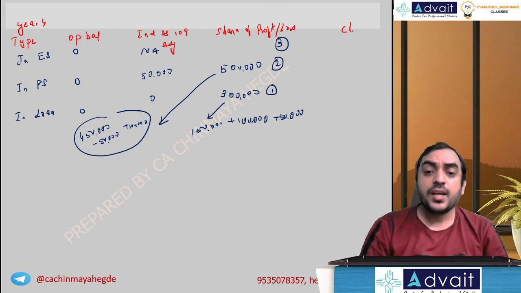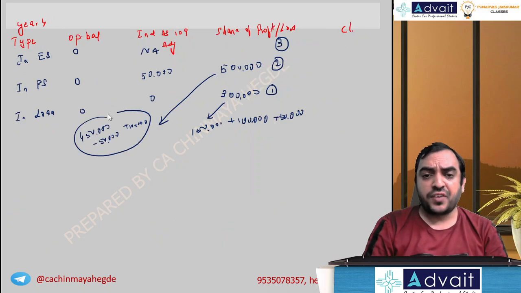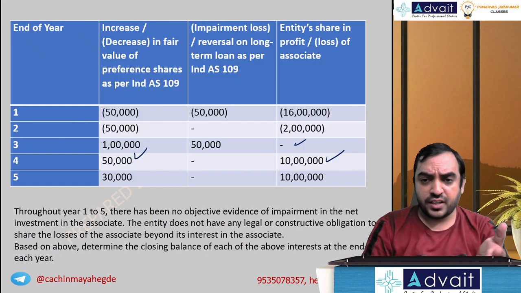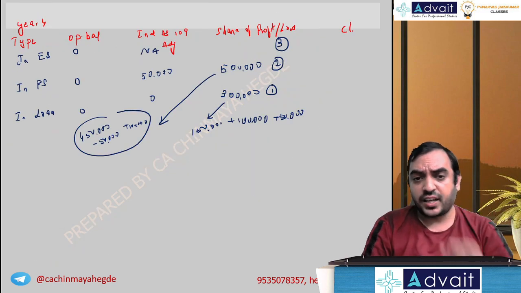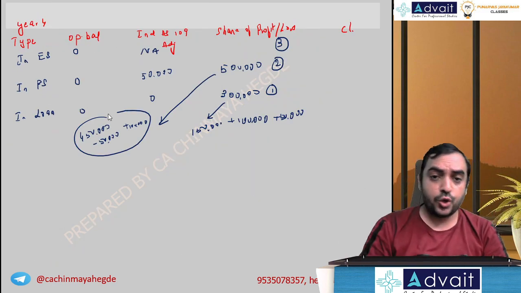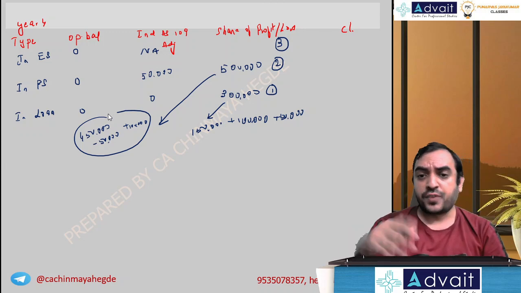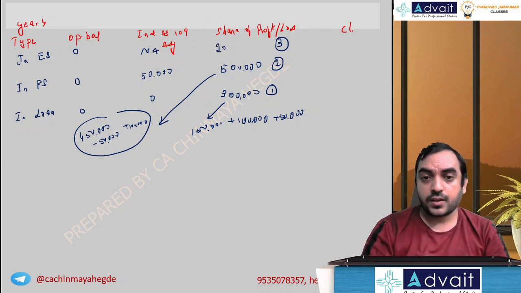That comes to 5 lakh. Balance amount: what is the share of profit? Third year profit is 10 lakh. Out of 10 lakh, 3 lakh goes to the loan and 5 lakh goes to preference share. Balance 2 lakh. This is calculated by taking 10 lakh and first subtracting the loan 3 lakh.